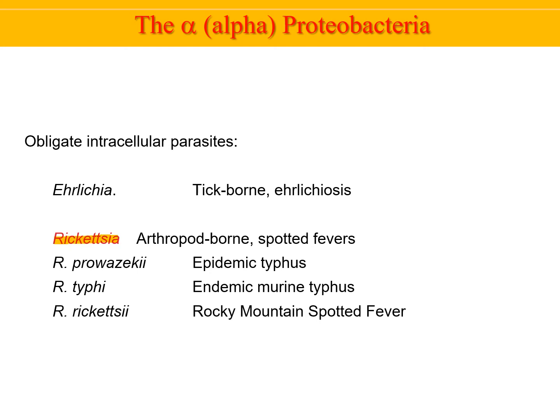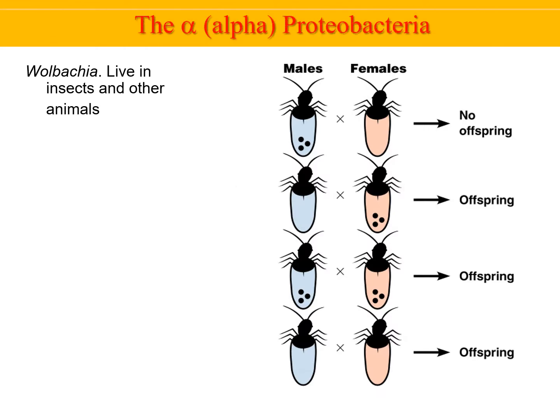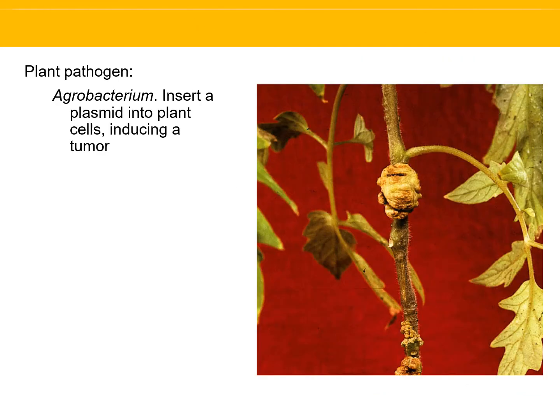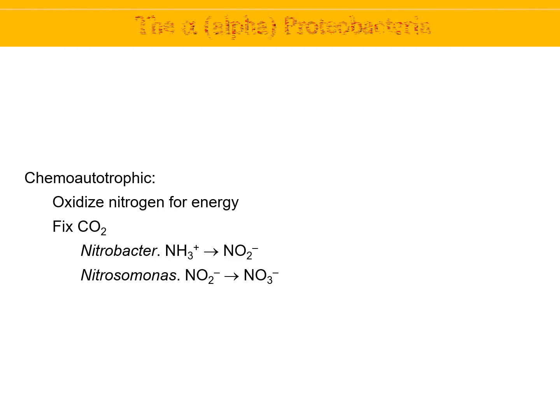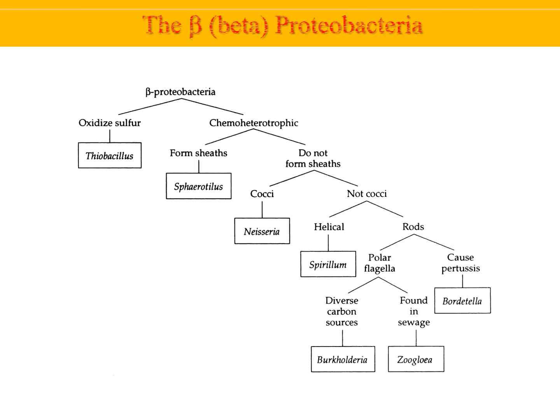Rickettsia causes different kinds of typhus, rickettsial typhus, and again, that's it. So there are all kinds of alphas, and they have quite a wide range of potential metabolic characteristics, none of which I'm going to go into at all in any great detail.